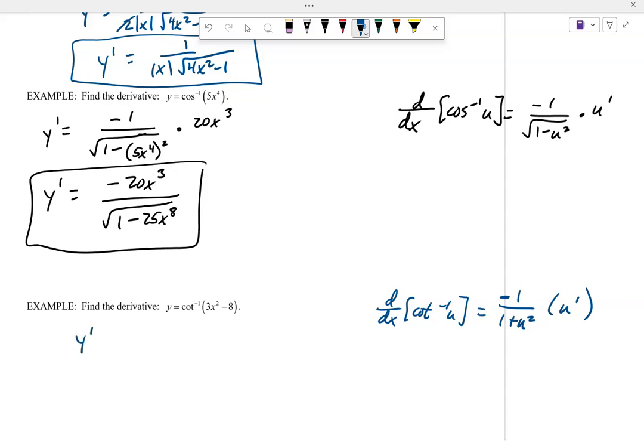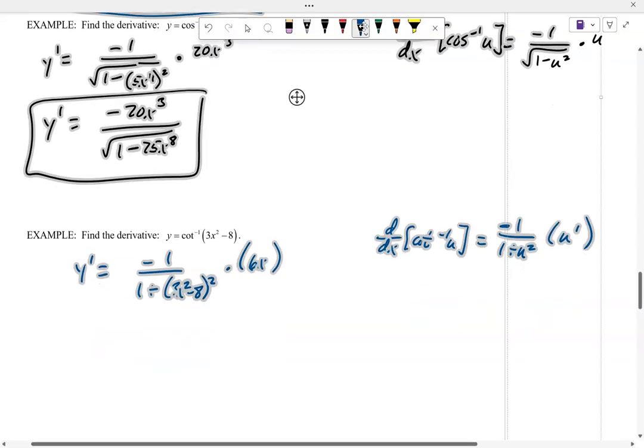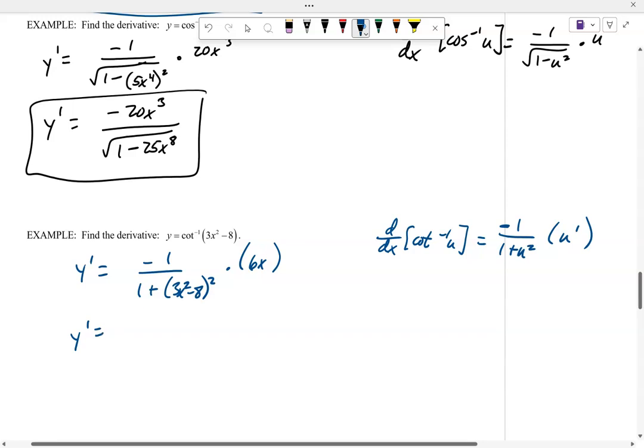And so let's run it now. Of course, my u is 3x squared minus 8. So I got -1 over 1 plus (3x squared minus 8) squared times chain rule. Derivative of 3x squared minus 8 is 6x minus 0. So this just ends up being -1 times 6x, which is -6x.